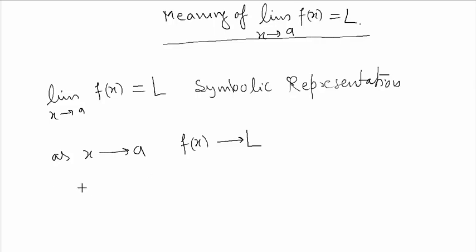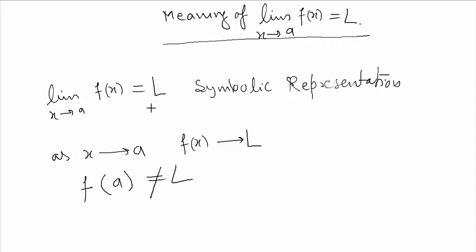This is not saying that the value of the function at a is equal to l. This is not. This may be equal to l, or this may not be equal to l. So this is not the meaning.